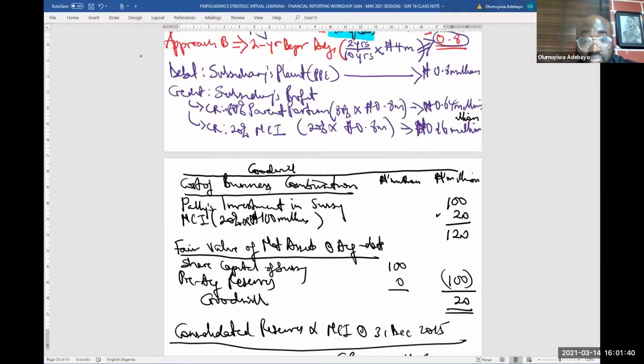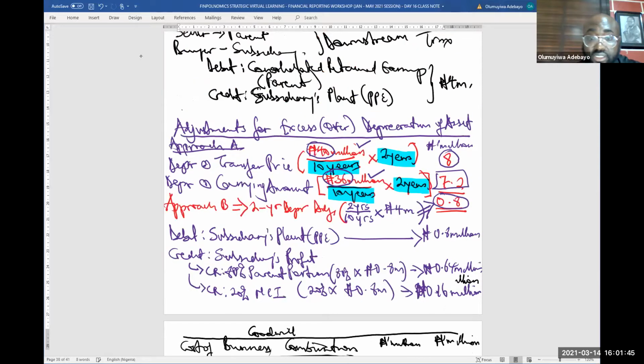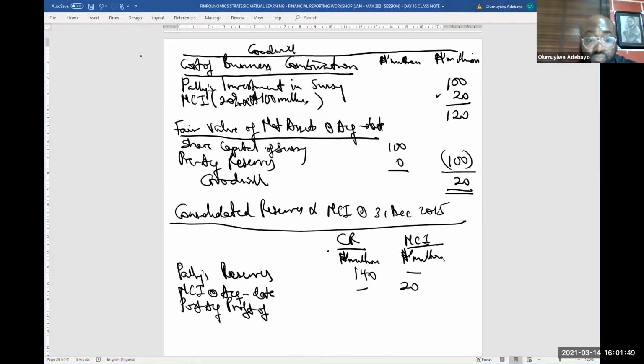What's the post-acquisition profit? 60, positive 60. Ratio 80, 20. That is 48 and 12.